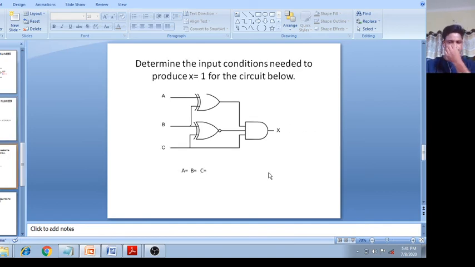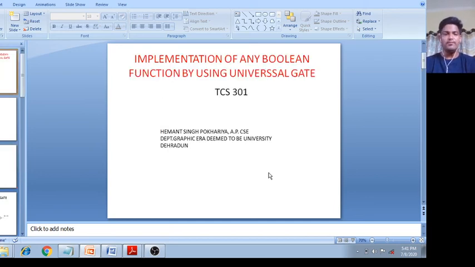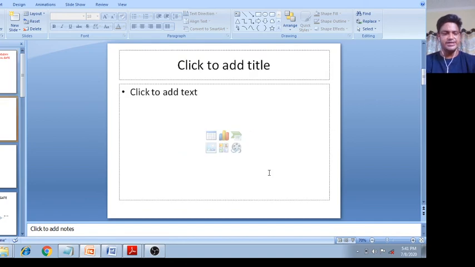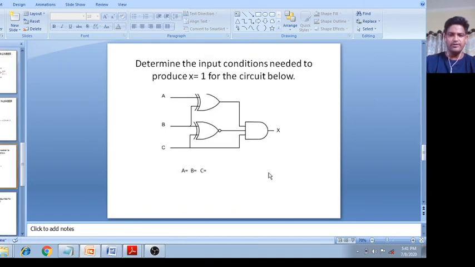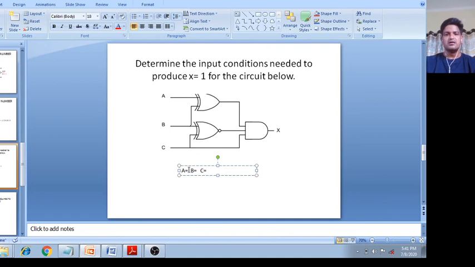Now one question, what will be the value of A, B and C in this circuit when X equal to 1? You know this is an AND gate.